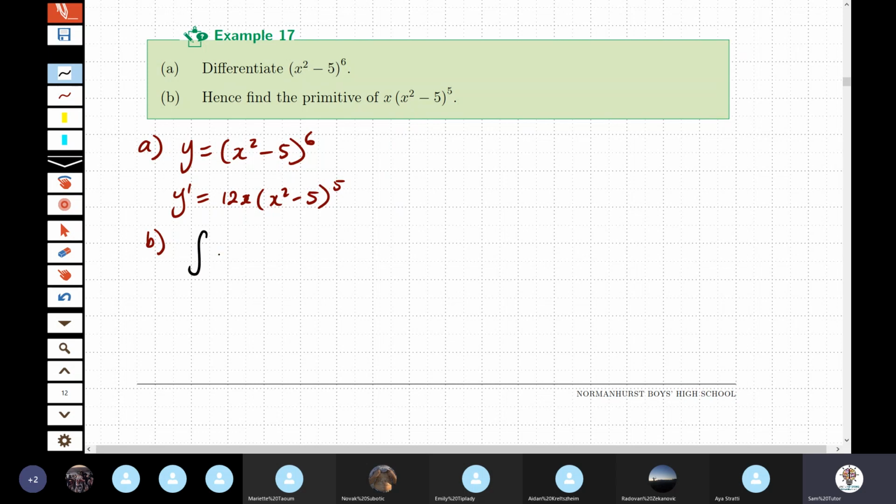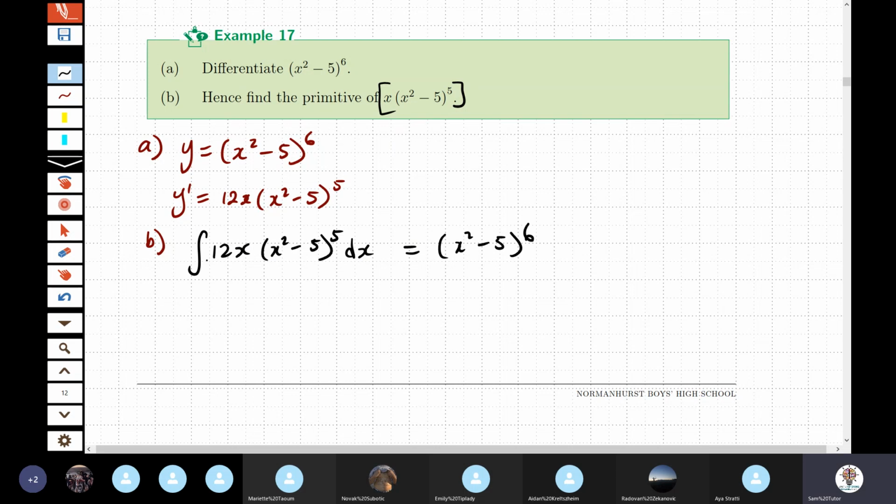What would the integral, so don't forget the question, right? You don't look at this so much. So ignore that for a second. Think of this. What would the integral of 12x, x squared minus 5 to the power of 5 dx equal to? What would the integral of this be? Would it be the x squared minus 5? Right? But that wasn't the question. The question was now find x squared minus 5 to the power of 5.